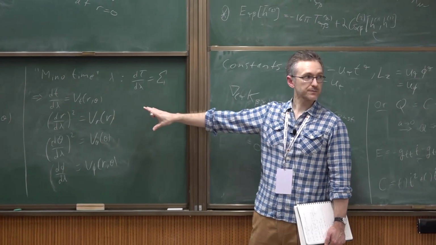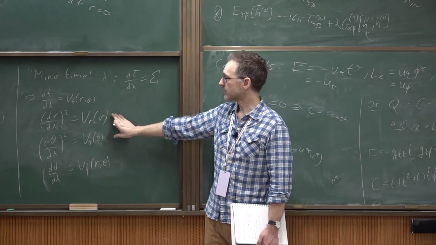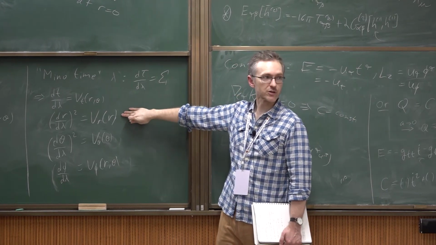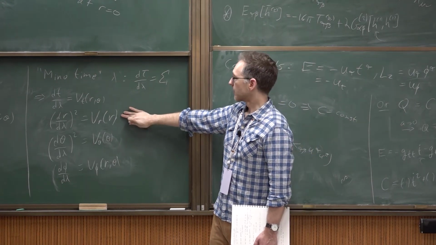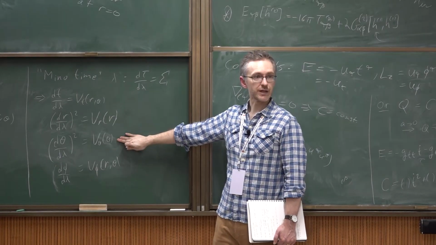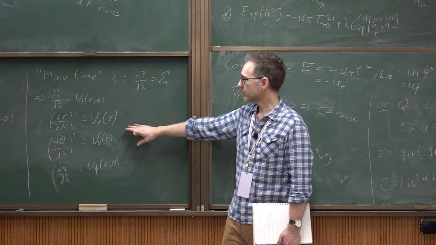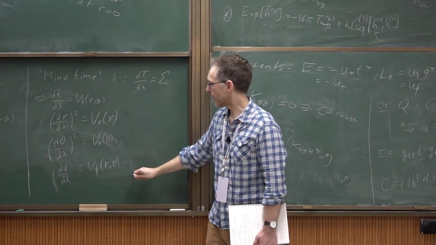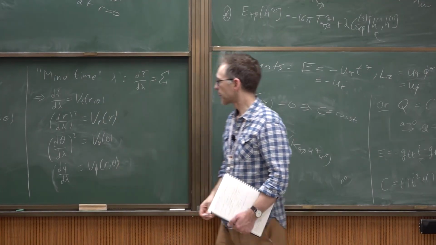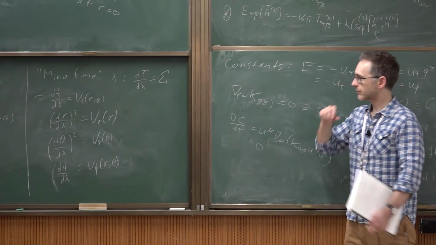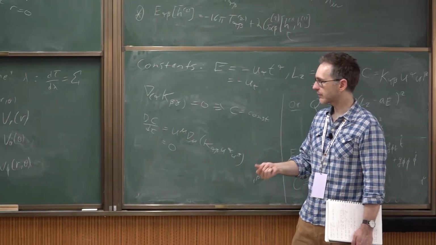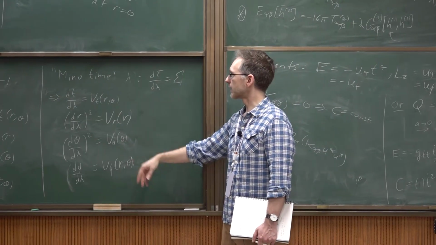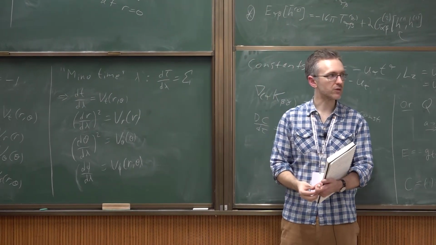So in this form, we now have decoupled equations for r and theta. So we can solve this for r as a function of lambda. We can solve this for theta as a function of lambda. Then once those are known, we can solve for t as a function of lambda and phi as a function of lambda. So this decoupling was first found by Carter back in the 70s, but this very simple way of formulating it is due to this guy Mino, who used to be in Southampton.